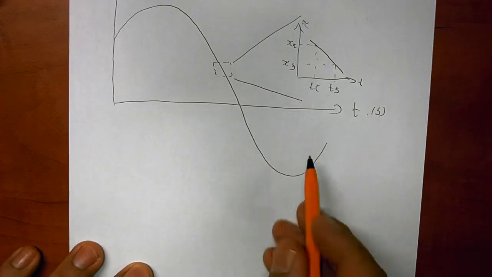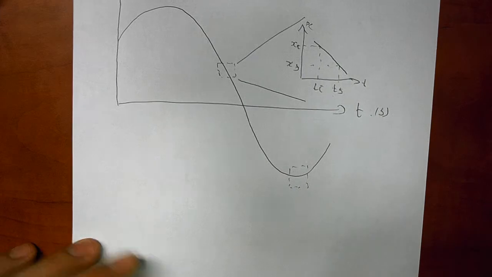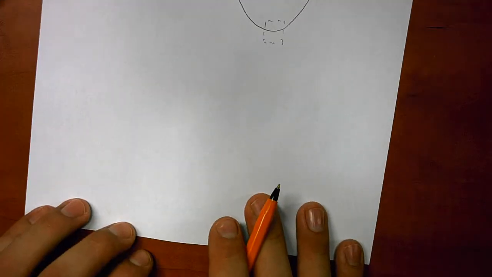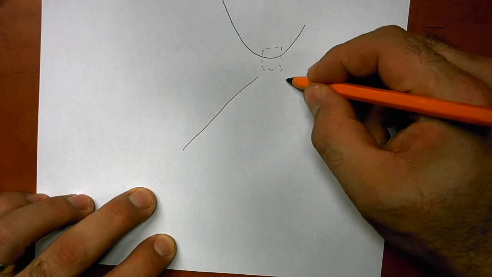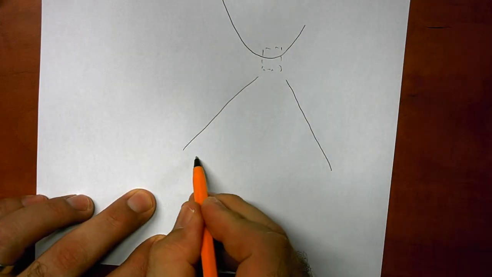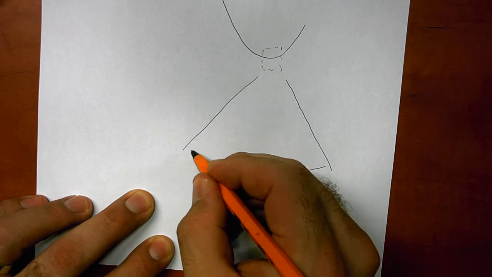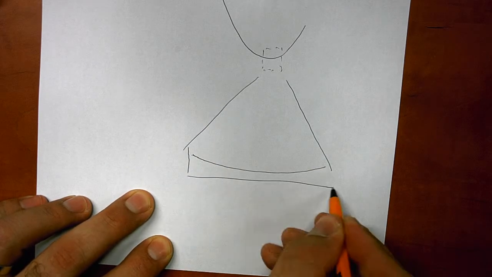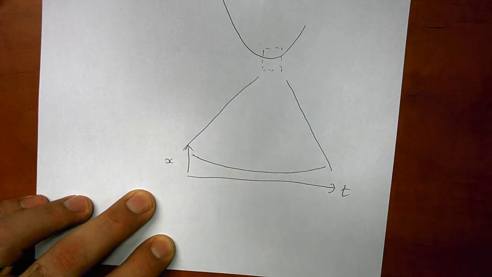Let's look, for example, what happens over here if I blow up this section. So I'm going to zoom in on that. So I've basically got a very broad curve like so, and time goes in that direction, position goes in that direction.